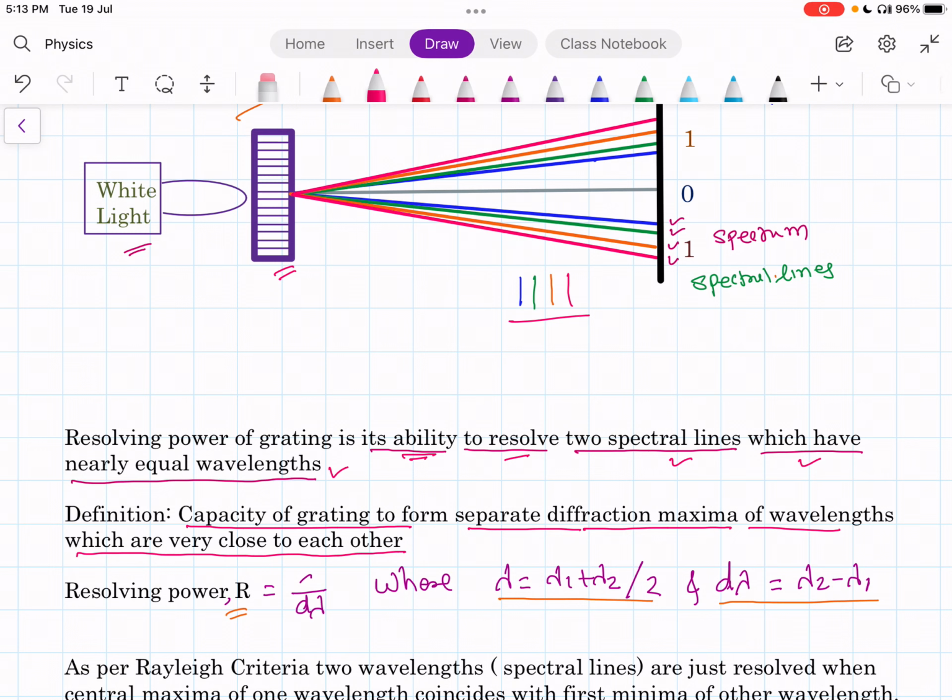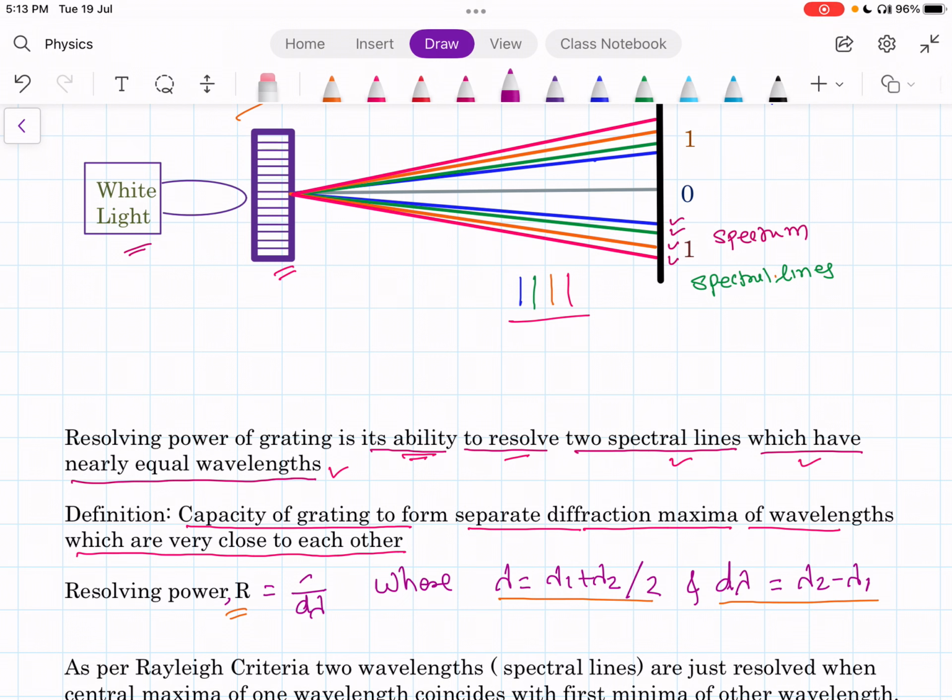That is, each wavelength forms its own diffraction pattern, and in that diffraction pattern, you will see maxima and minima. So, resolving power of grating is nothing but the capacity of the grating to form separate diffraction maxima of wavelengths which are very close to each other.